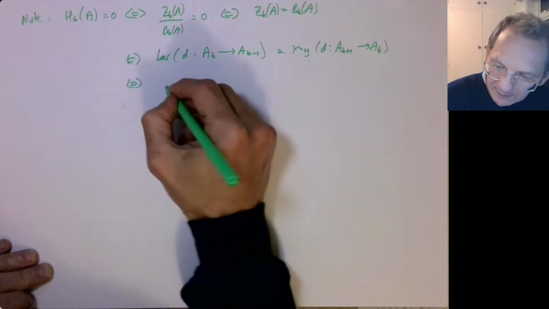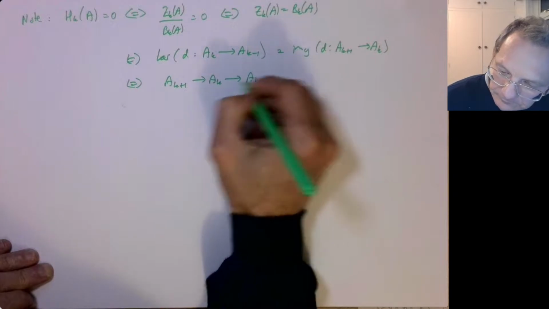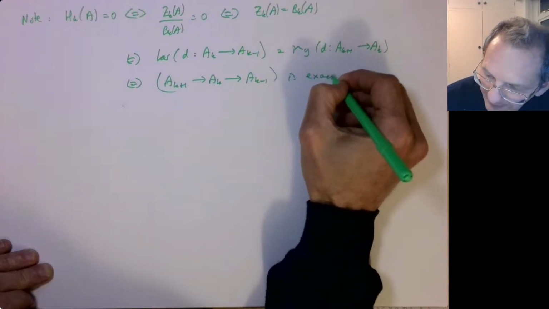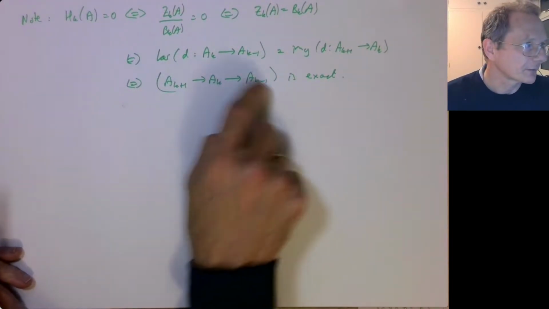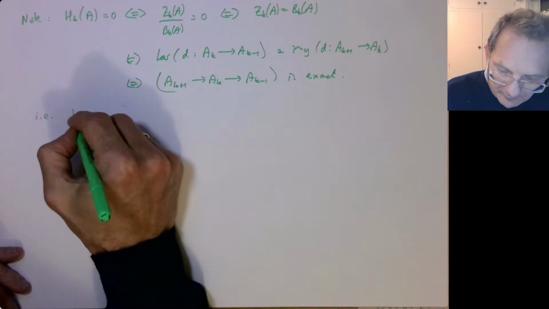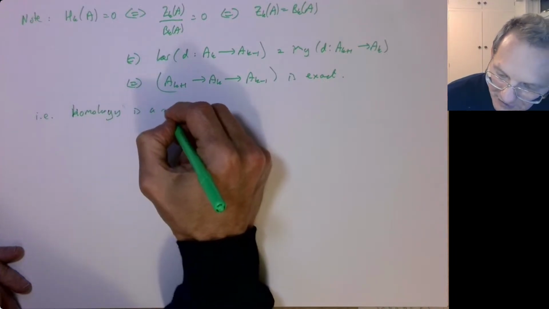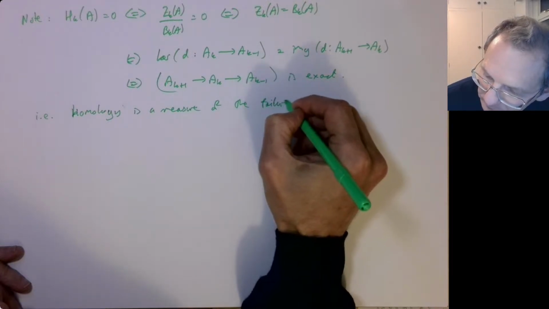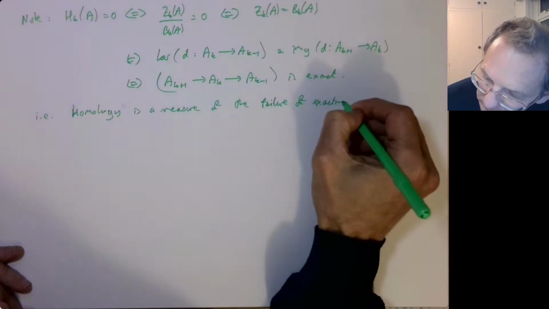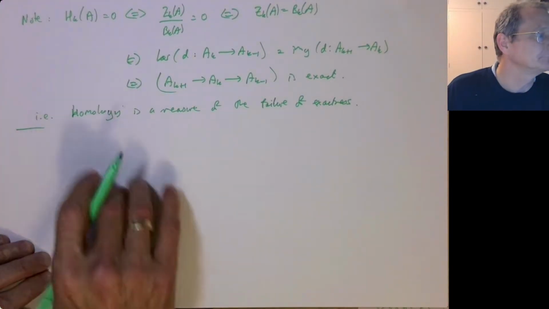That's equivalent to saying the sequence A_{k+1} to A_k to A_{k-1} is exact. So homology is 0 if and only if the sequence is exact. So the slogan: homology is a measure of the failure of exactness. The bigger the homology group, the further the sequence is from being exact.